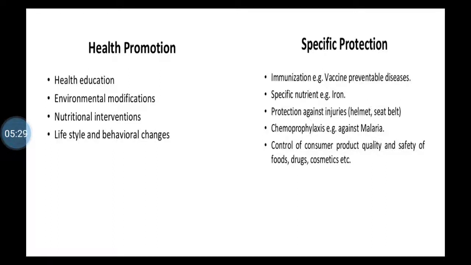Then eating a well balanced diet, taking adequate food, taking safe drinking water. Then we must have provision of proper disposal of waste matter, disposal of excreta, and whatever the waste matter is there. Then provision of a well managed sewer system, isn't it?